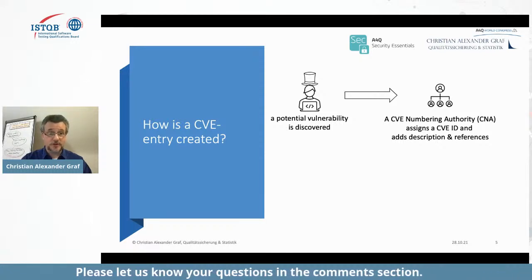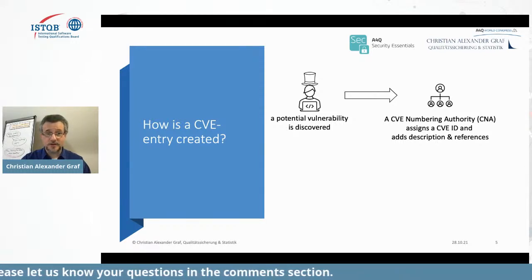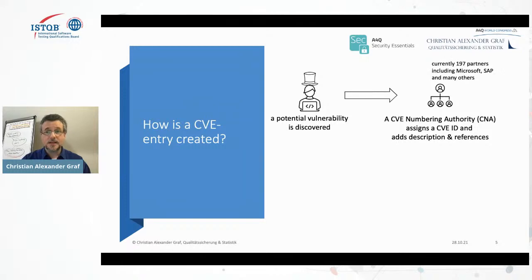That's very easy. Those are companies which are partners of the Mitre Corporation. They've currently, as of yesterday evening, 197 partners, including such big companies as Microsoft, SAP, Oracle, and many others. So, for example, Microsoft is responsible for vulnerabilities in Microsoft products, so they will create the CVE entries for anything that has to do with Microsoft.